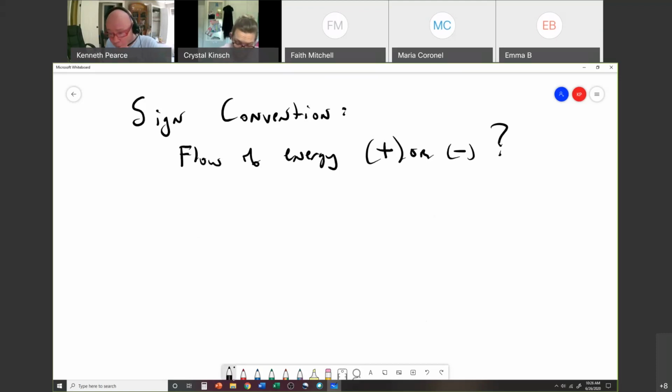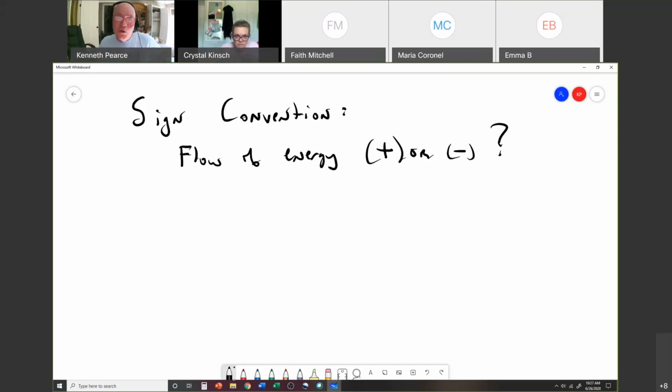Well, it matters all the difference in the world whether something is positive or negative when you put it in your calculator. If it's supposed to be negative and you put in positive, or if it's supposed to be positive and you put in a negative, you're not going to get the right answer. And ultimately, that's what we're really interested in, right? We want to get the right answer.